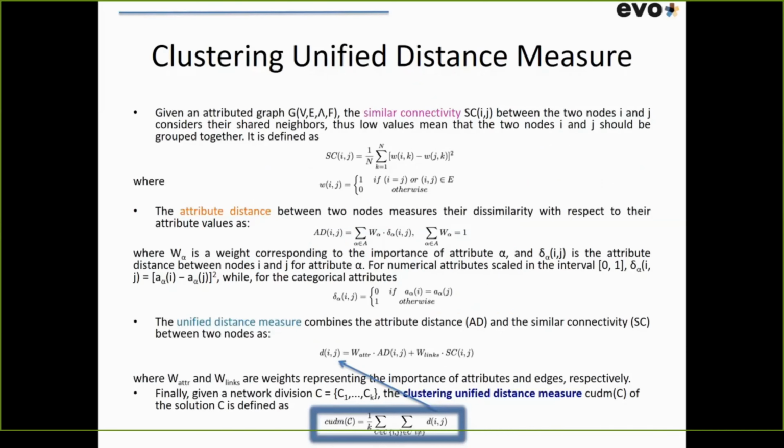The unified distance measure between two nodes I and J combines the attribute distance and the similar connectivity between two nodes as a weighted sum between them, where the weights of attributes and links can be properly tuned considering the network you have, basically.